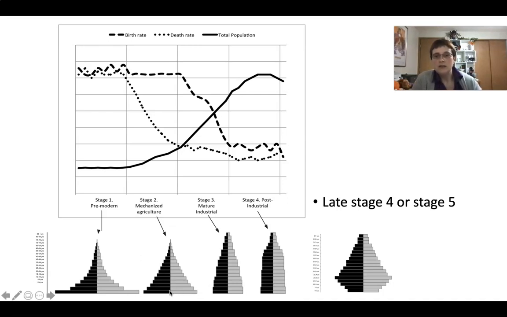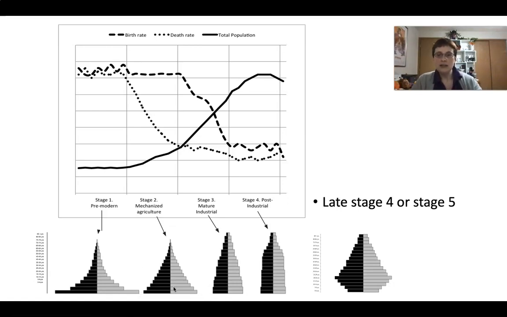And if you look, the difference here is they both have the pyramid shape, but stage 1 has incredibly high birth rates because they also have those high death rates. And so the very bottom of the pyramid in a stage 1 country is incredibly wide. A good section of the population is in that 0 to 4 because there's a high mortality rate down there.